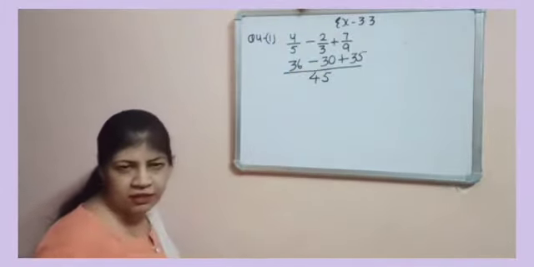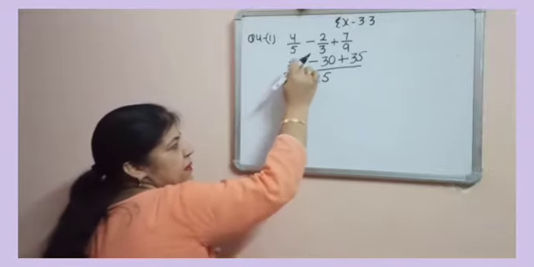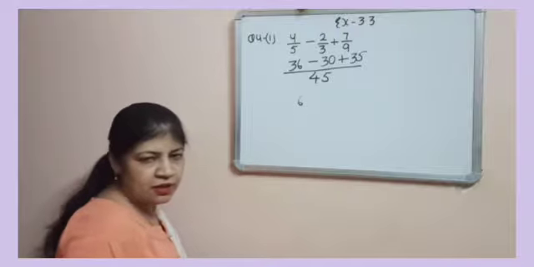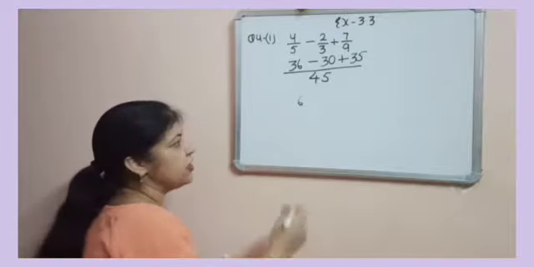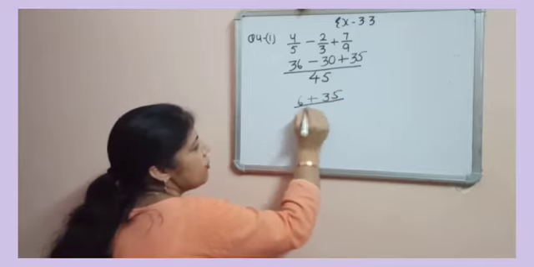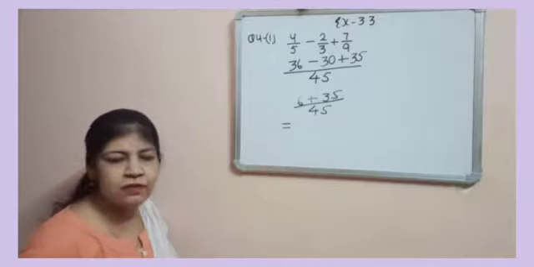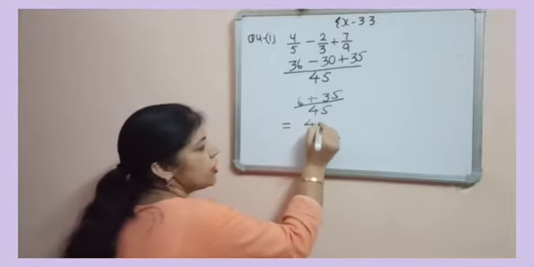Now solve it. 36 minus 30, you will get 6. When one is plus and another is minus, then you will do subtraction. 6 plus 35 upon 45. Now 6 plus 35 is 41.